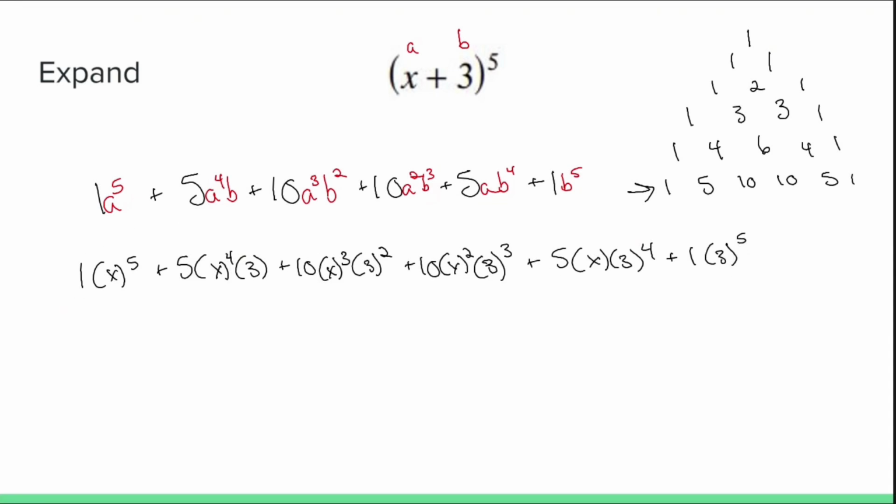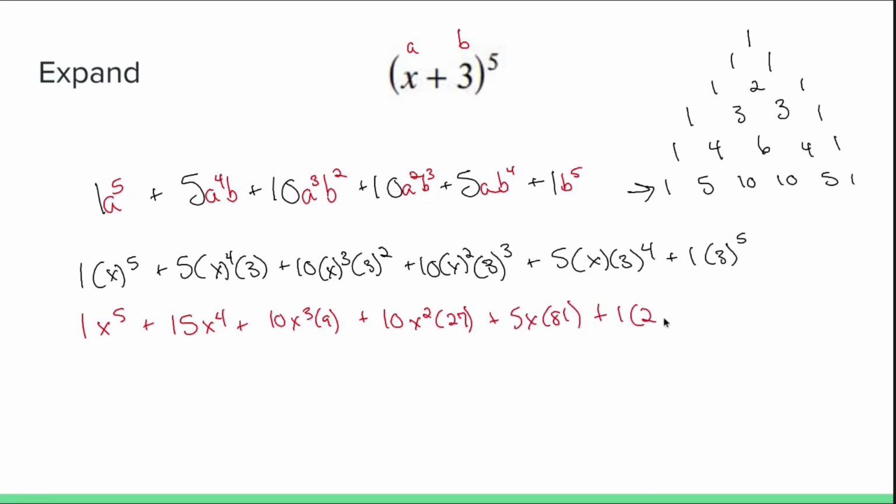Okay, do some math. 1, x to the 5th, plus 5 times 3 is 15, x to the 4th, plus 10, x to the 3rd times 9, plus 10, x squared times 27, plus 5x times 81, plus 1 times 243.